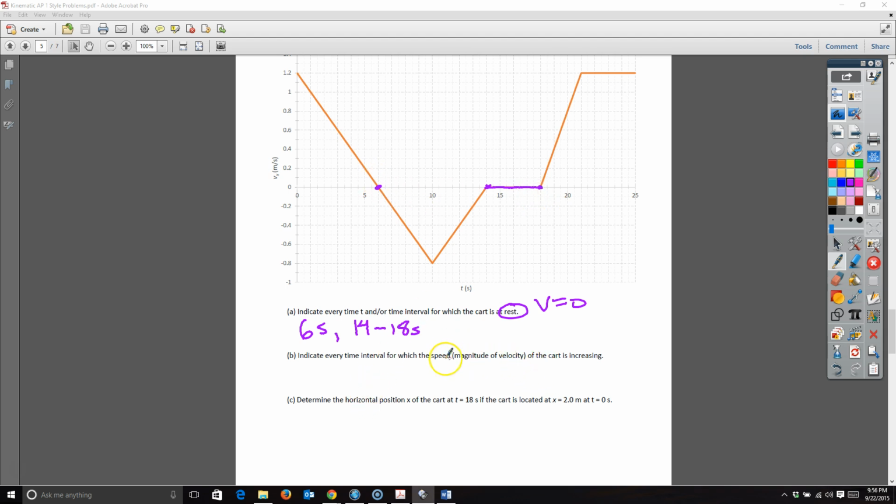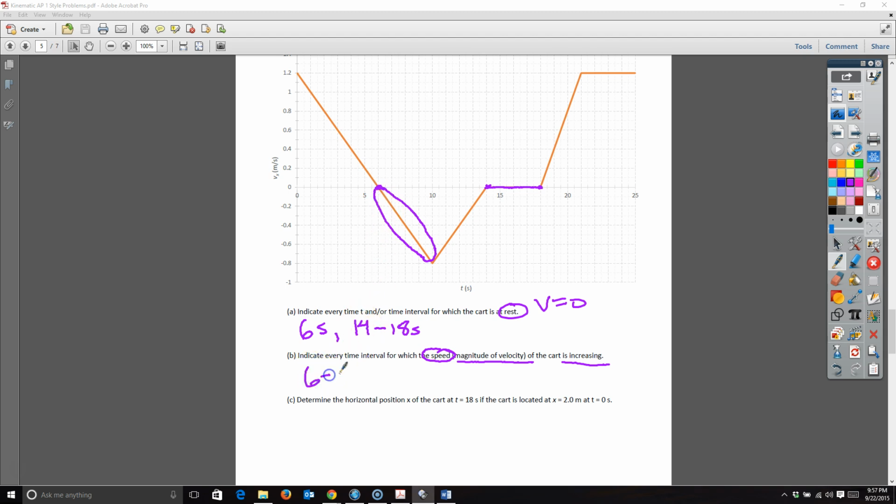Next thing they want us to do is look and see when the speed, remember that's the magnitude of the velocity, is increasing. We've said several times that you have to be moving away from 0 in order for it to be increasing. So even though this whole line is sloping down, the speed is only increasing from about 6 seconds all the way down to 10 seconds.